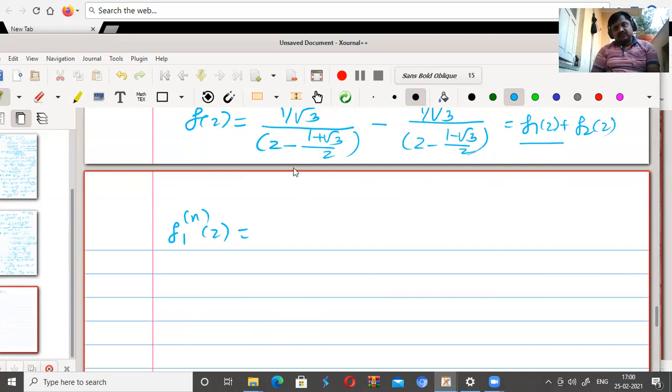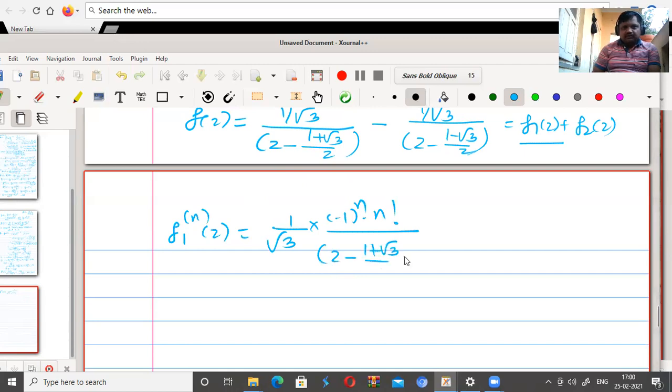And we know that the derivative of 1 upon (z minus a), that is (z minus a) to the power minus 1, is again, as in the previous, minus 1 to the power n into n factorial divided by (z minus 1 plus root 3 by 2) to the power n plus 1. So its nth derivative becomes 1 by root 3 into (minus 1) raised to n into n factorial upon (z minus 1 plus root 3 upon 2) to the power n plus 1.